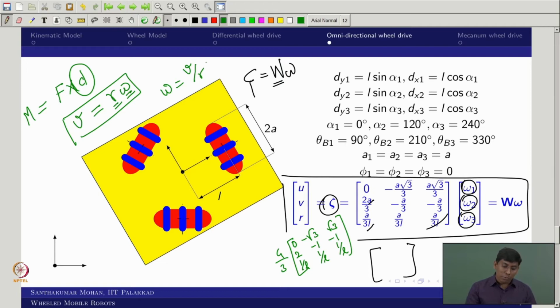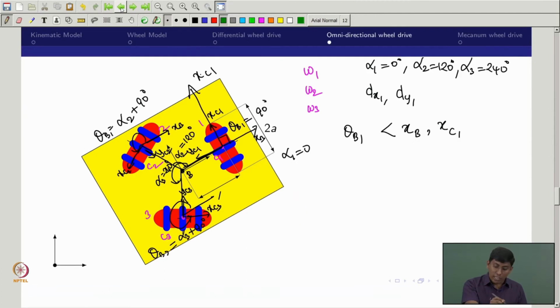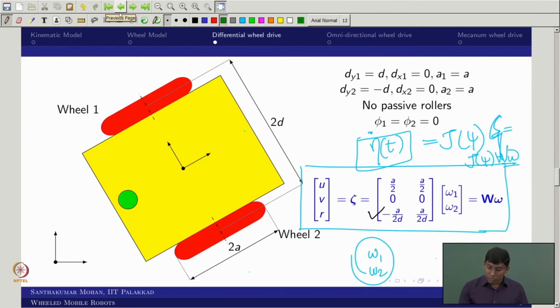So now you have to be very clear. If you talk about moment, that would be force into distance, whereas the angular velocity would be linear velocity divided by the distance or the radius. So that's why you can see this is coming as L, or you can take it the other way around: d, all are in the denominator rather than the numerator.